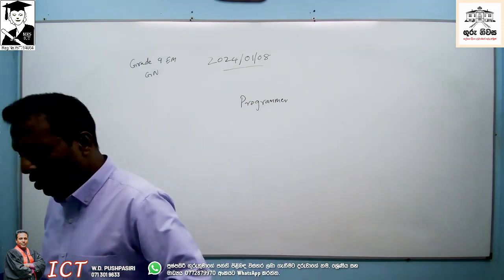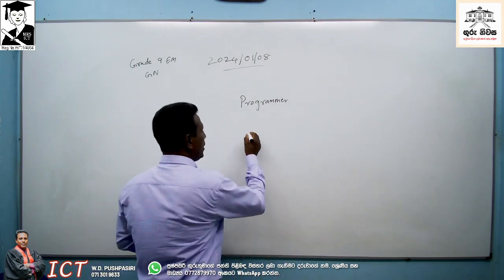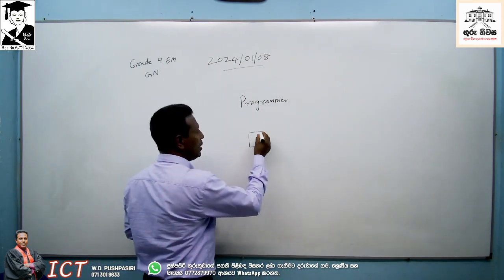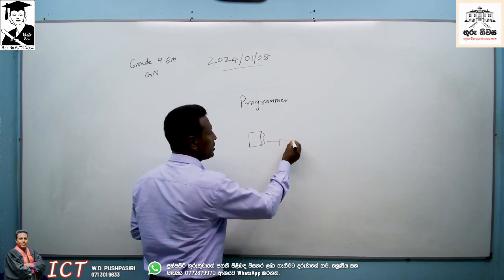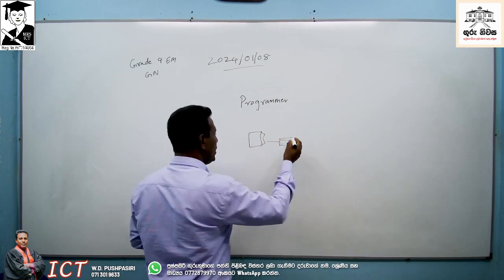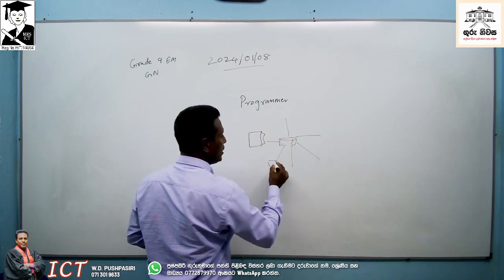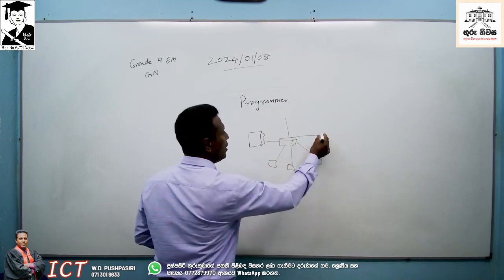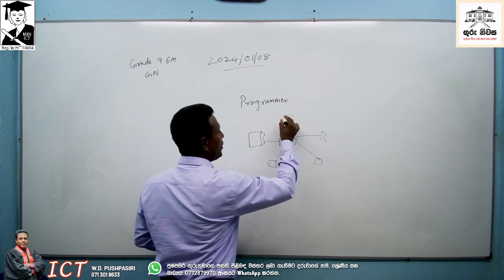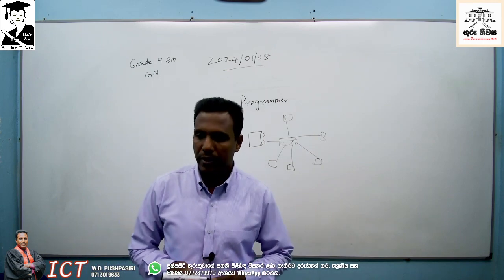Now I will show you for your understanding. In a client-server network, this is a main computer. The main computer is connected to a switch or a router, and then many computers are connected to it. So these are the computers, right? This type of computer connection is called a computer network.